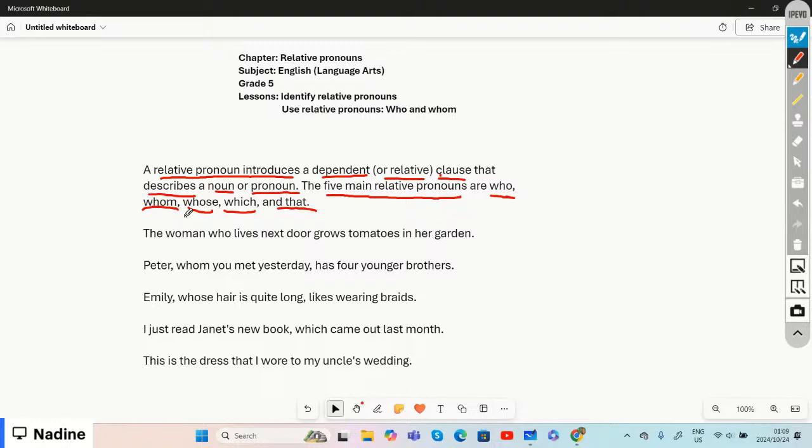And if we look at an example, the example says: the woman who lives next door grows tomatoes in her garden. So the woman who lives next door grows tomatoes in her garden. Who lives next door?